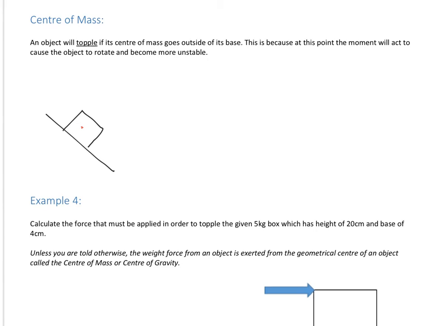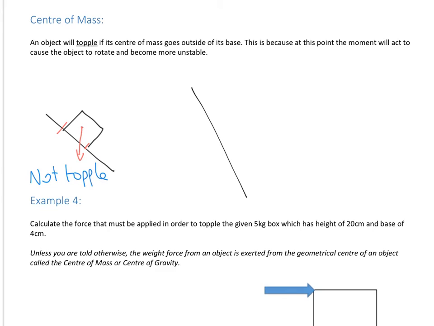So if we draw the weight force in there, we can see that the limits of the base are here and here. So what you can see is that this is actually going through inside the base, so this one is not going to topple because the weight force is inside the base.